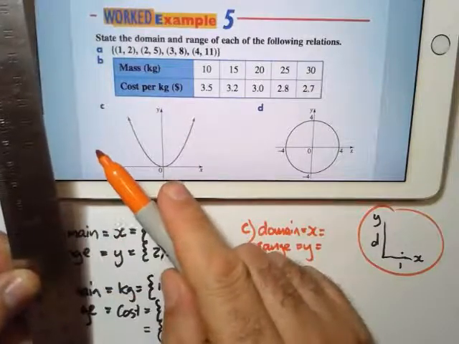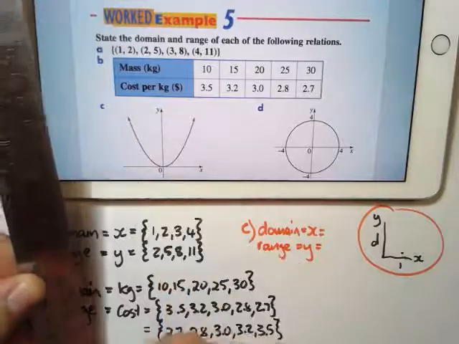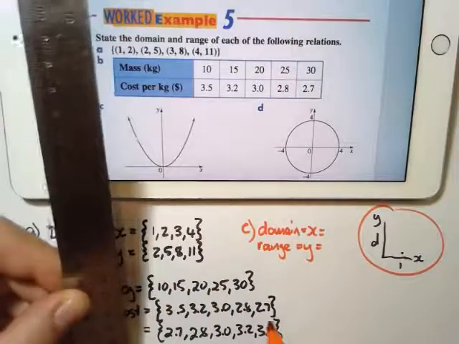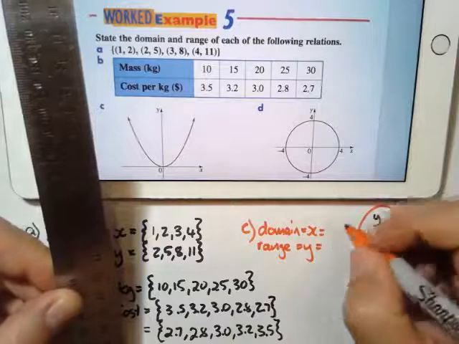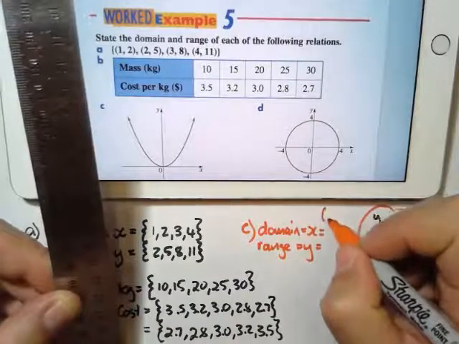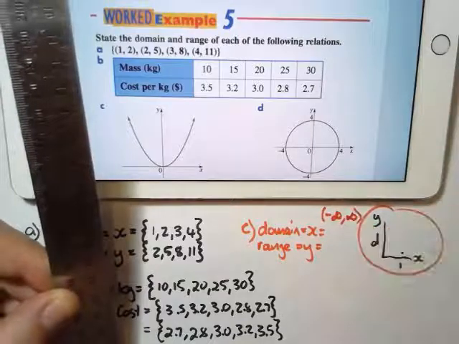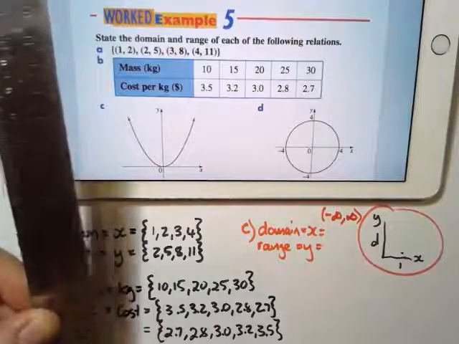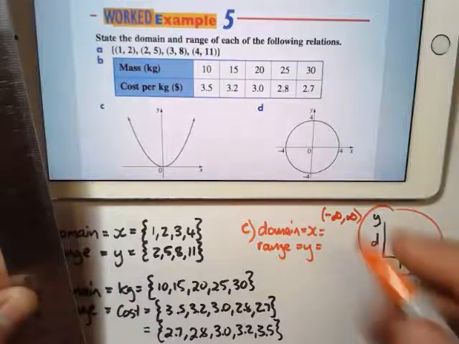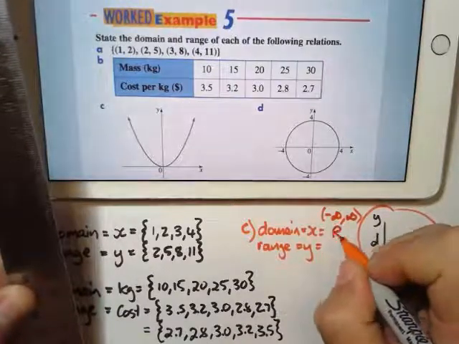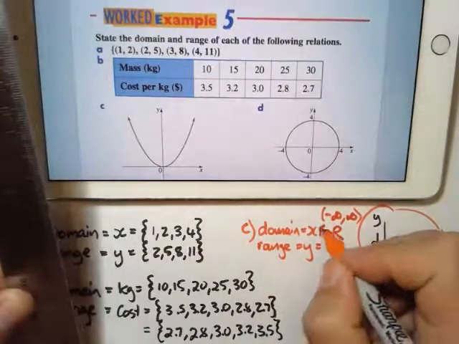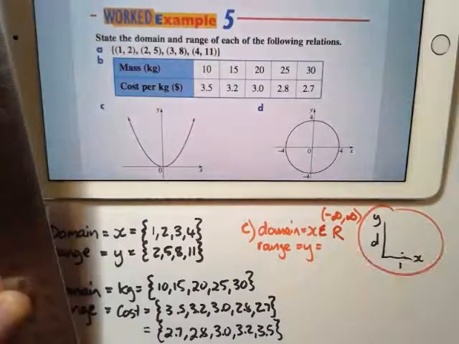So my bottom one is infinity and the top one is infinity. So instead of writing that this is from minus infinity to positive infinity, I'm rather going to say that it is all real values. So x is an element of all the real values.